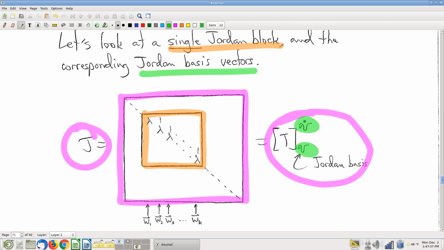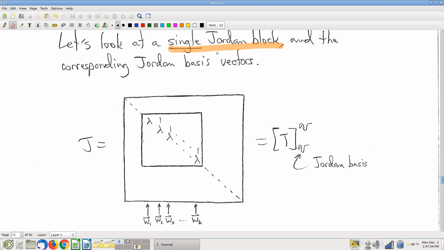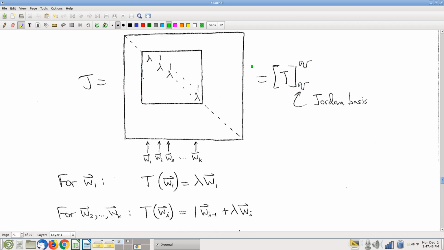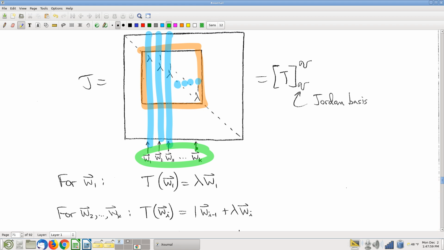So applying that idea to this situation here, looking at this basic Jordan block corresponds to certain columns. Those columns are telling me about the images of these basis vectors sitting inside of here.